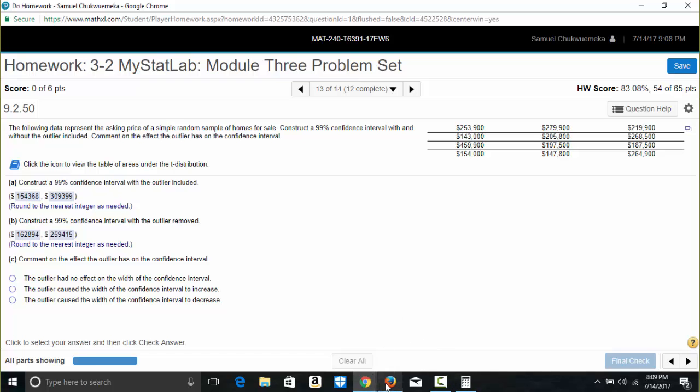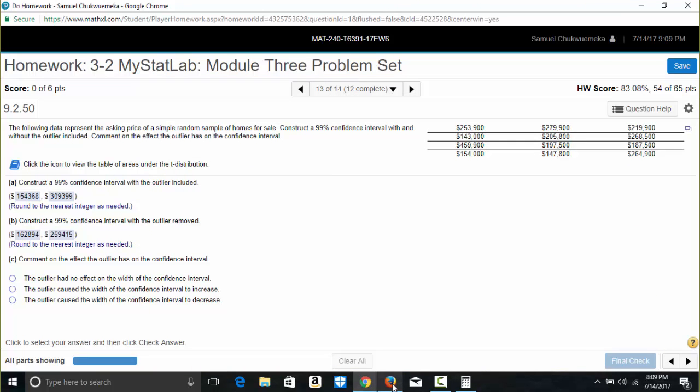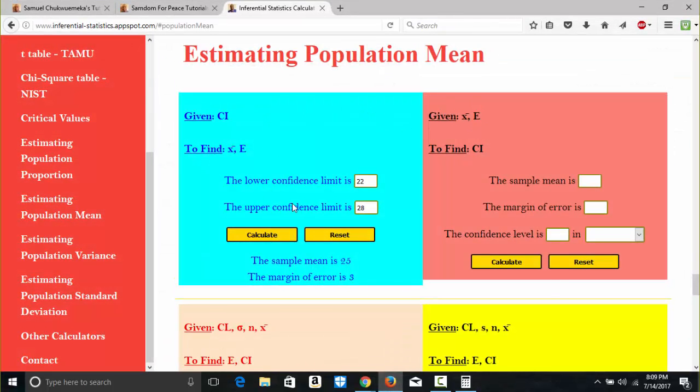If you want, we can use my calculator here. This is a population mean, and they gave us the confidence limits. So, estimating population mean.